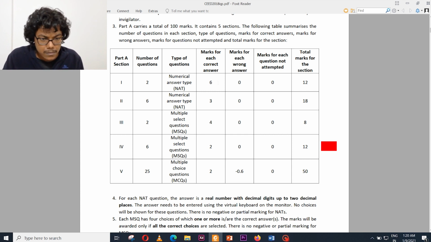And you have 2 more. So initially you try to plan your time out.